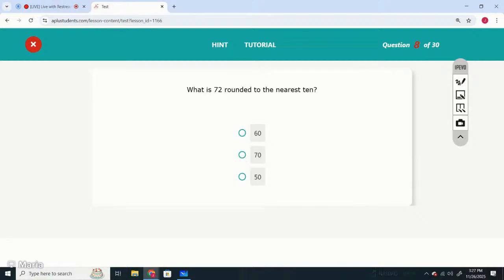What is 72 rounded to the nearest 10? 72 is rounded to, very good, option number 2, 70.